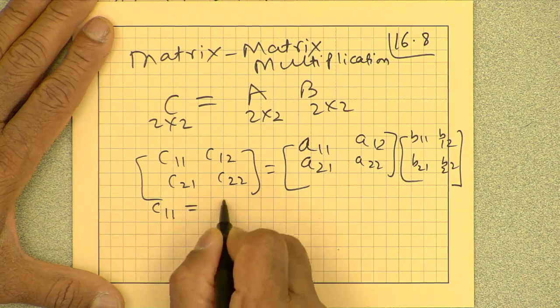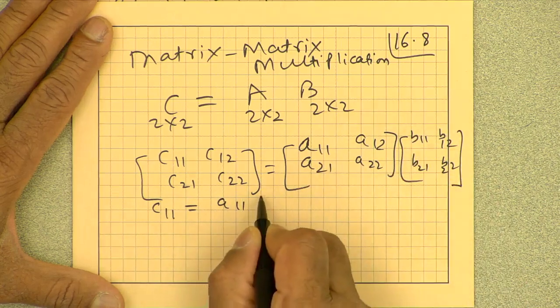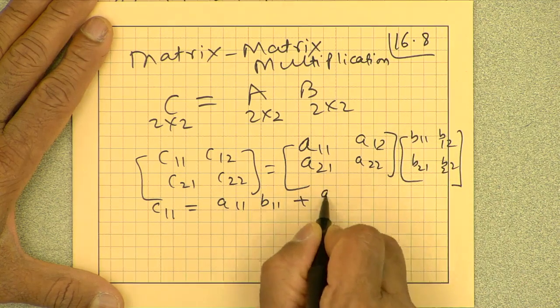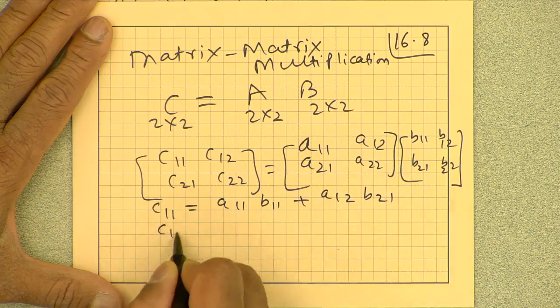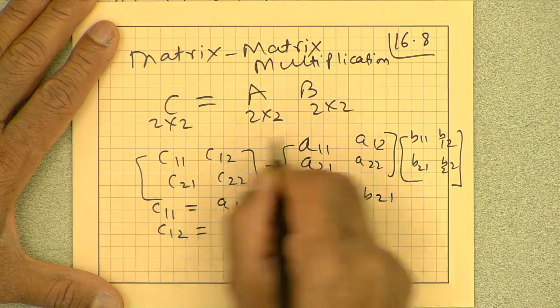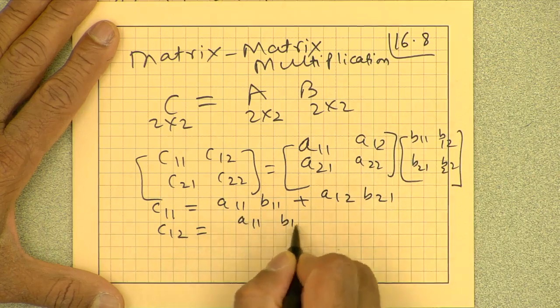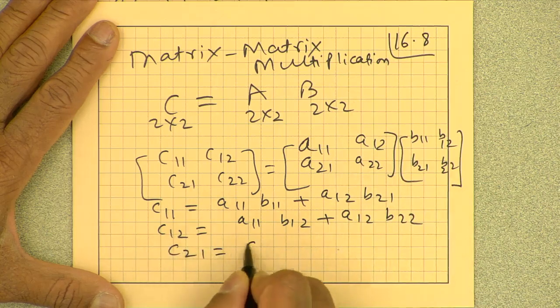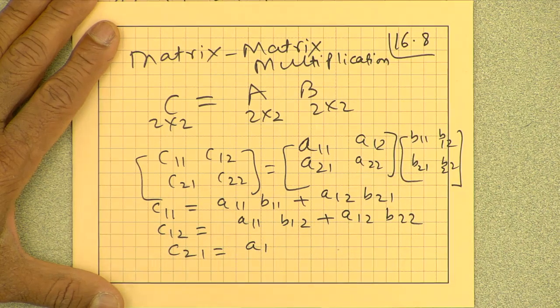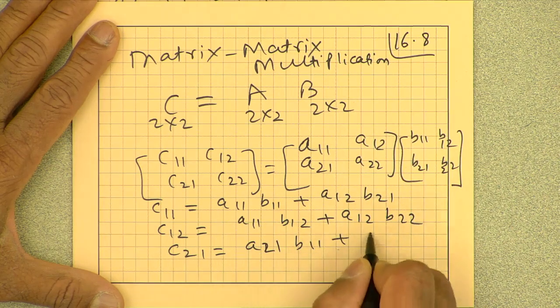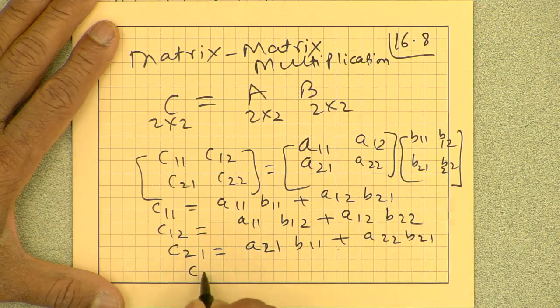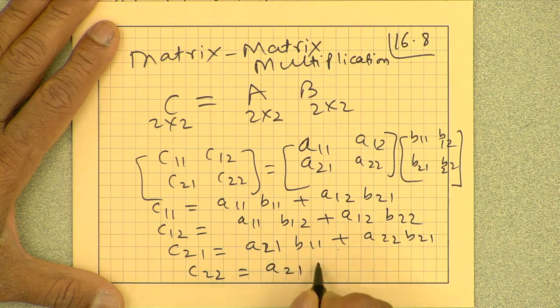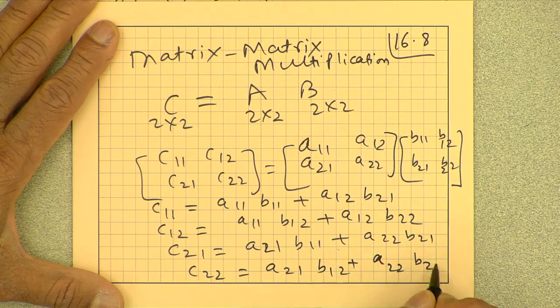So C11 is first row, first column, A11, B11 plus A12, B21. C12 is first row, second column, A11, B12 plus A12, B22. C21 is second row, first column, A21, B11 plus A22, B21. And C22 is A21, B12 plus A22, B22.